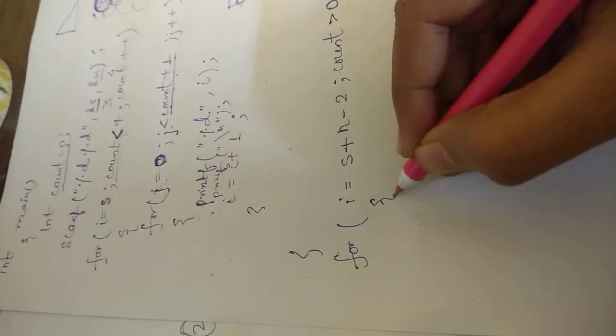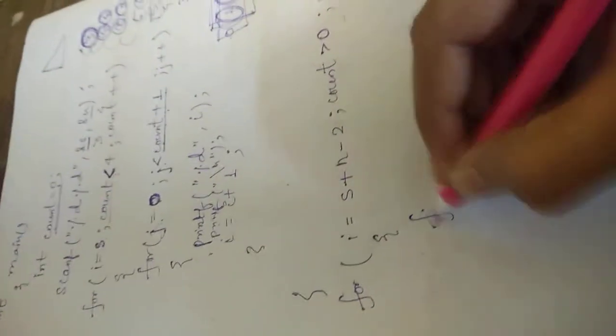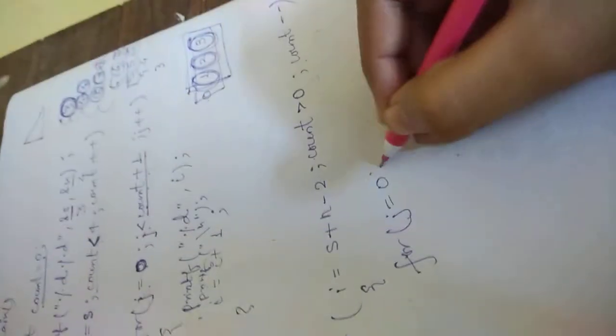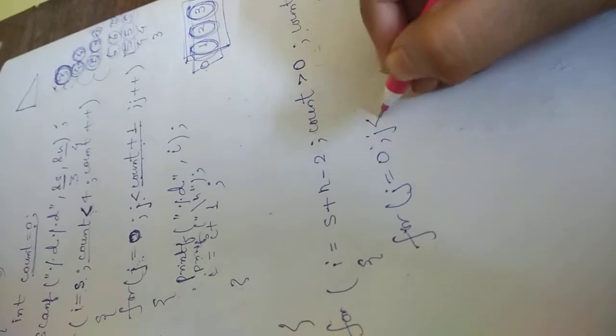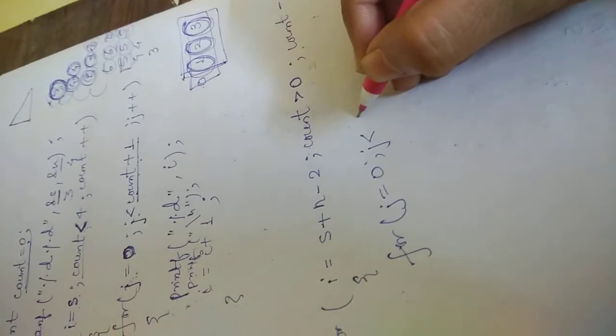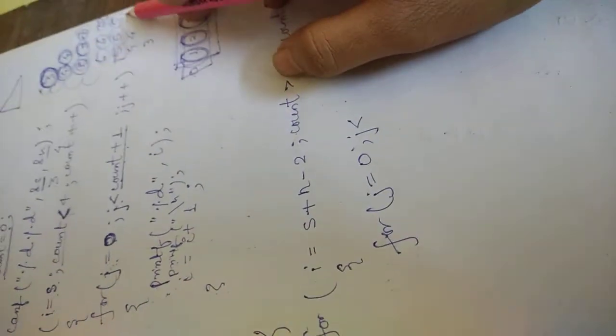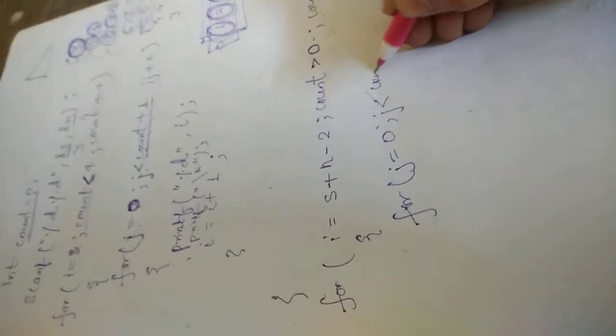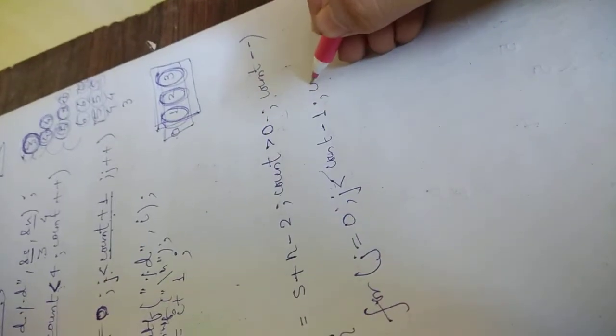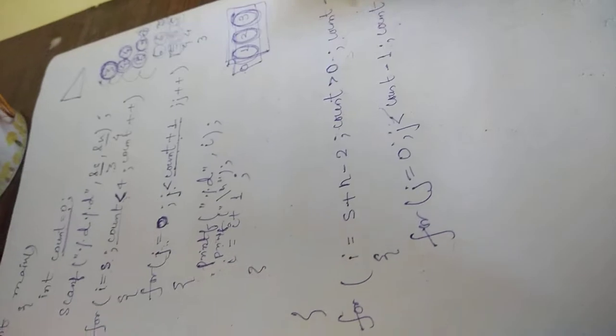Then the j loop. For j equals 0, j should be less than what? Whatever the count is, the count value will be 3, but we are printing till 2. So count minus 1. Count minus 1. Then j plus plus.